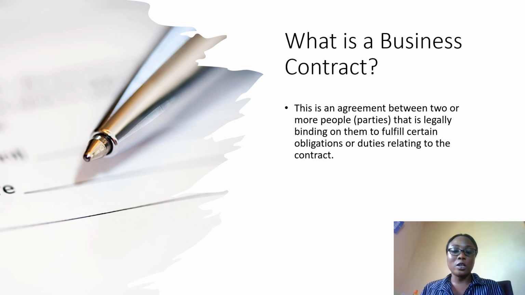There are oral contracts and written contracts, but the most effective is a written contract, where the terms and conditions are written down and signed by both parties. That kind of contract is enforceable and can serve as a legal document. You need to understand what a business contract is so that you know you are actually creating a contract and not just an oral promise or something like that.